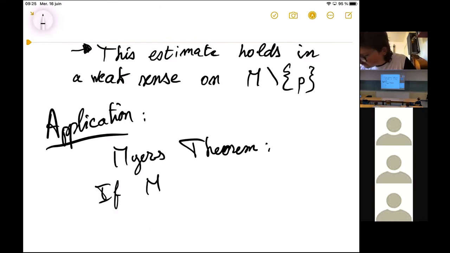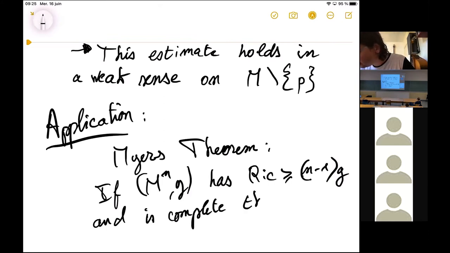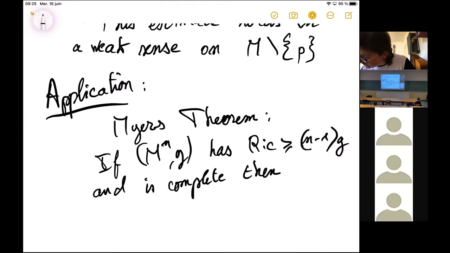So if M, g has more Ricci curvature than the sphere, and is complete, then what?